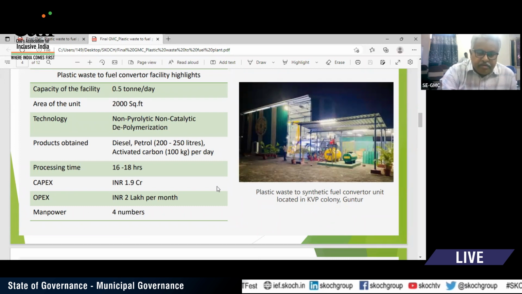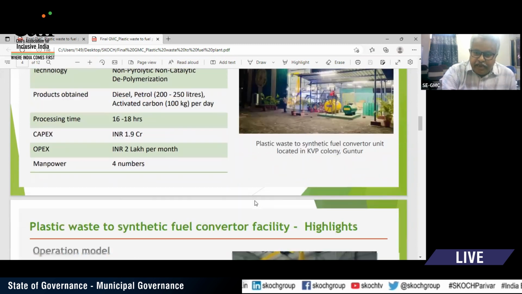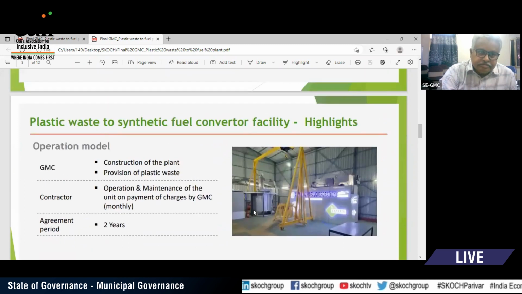Our capex is 1.9 crores, and we are meeting an expenditure of 2 lakhs per month. So we have engaged 4 manpower for running the plant daily. Sir, the operation mode is that the plant was constructed by the GMC with our own funds, and the raw material for the plant is being collected from our sanitation staff.